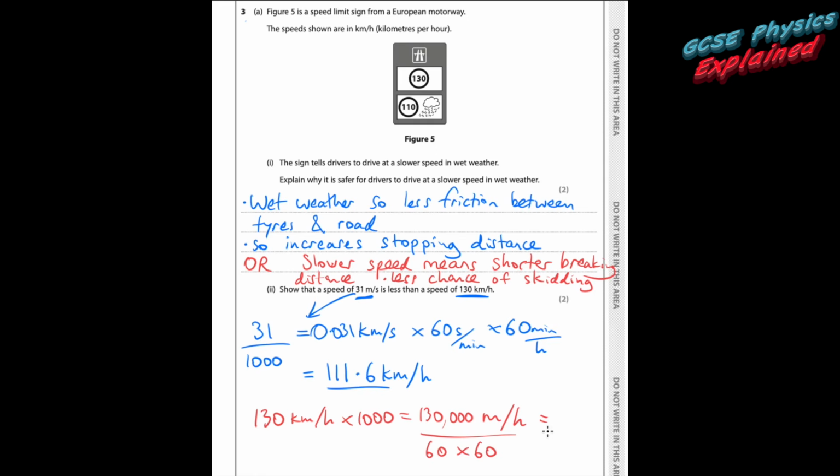And that equals 36.1 meters per second. And they said, show that a speed of 31 meters per second is less than a speed of 130 kilometers per hour. It is. 130 kilometers per hour is 36.1 meters per second. So that is less than that. Personally, I prefer to do it the blue way.